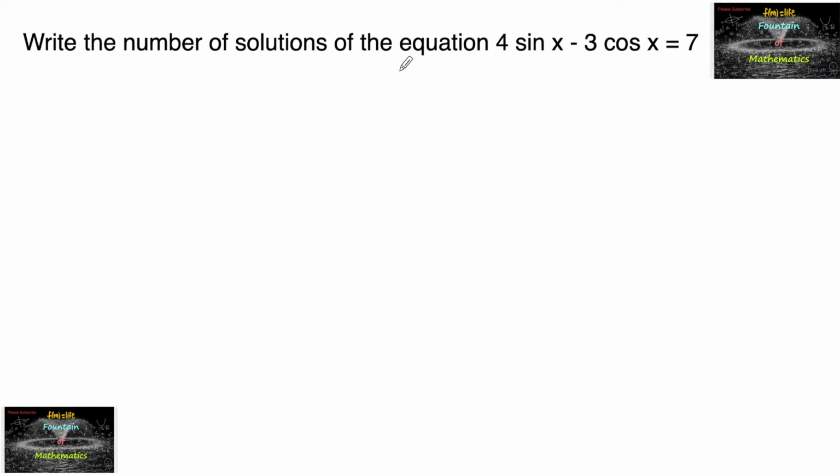Write the number of solutions of the equation 4 sin x minus 3 cos x is equal to 7. So which can also be written as minus 3 cos x plus 4 sin x is equal to 7.